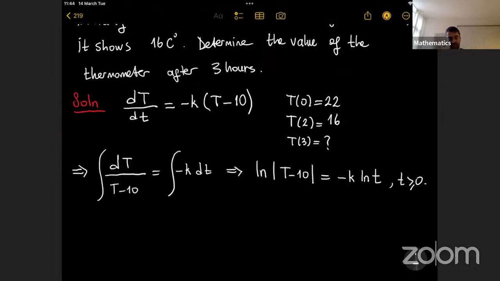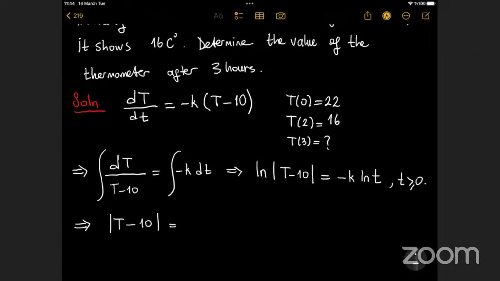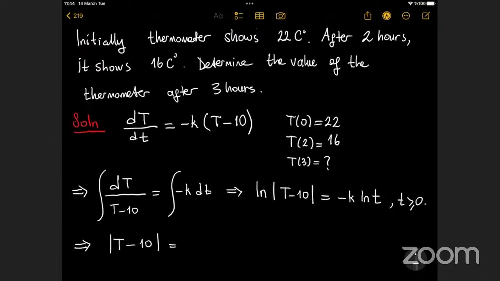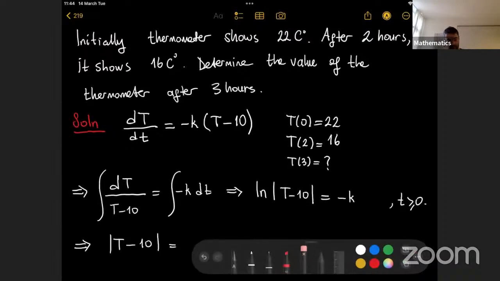Well, from this, let's find capital T. Take the exponential of both sides, we get T minus 10 in absolute value is equal to... Hocam, there it should be T, not ln T. Right, so this should be T, sorry.